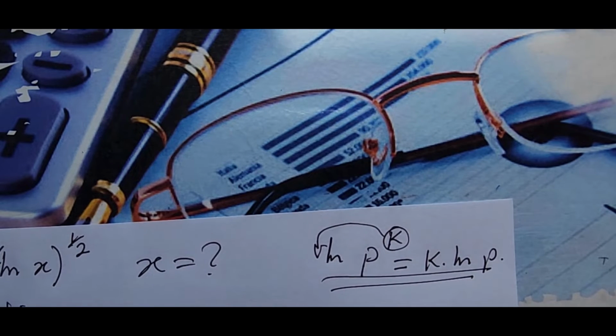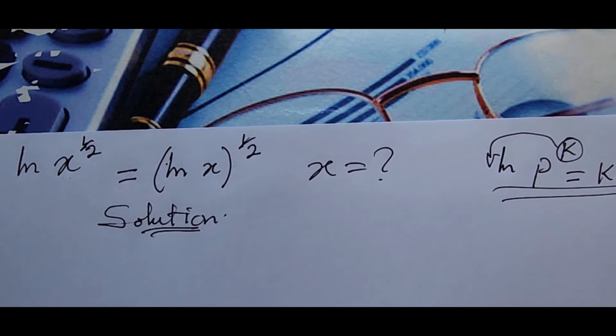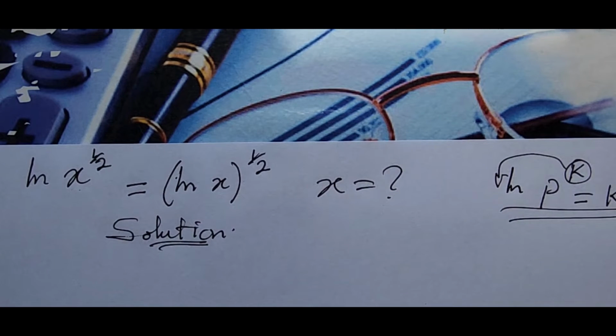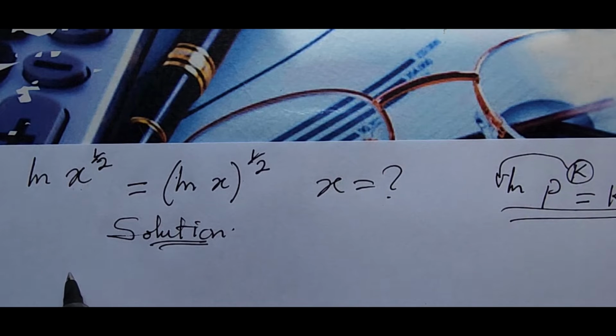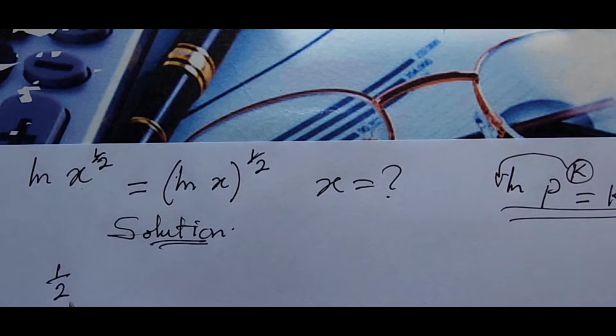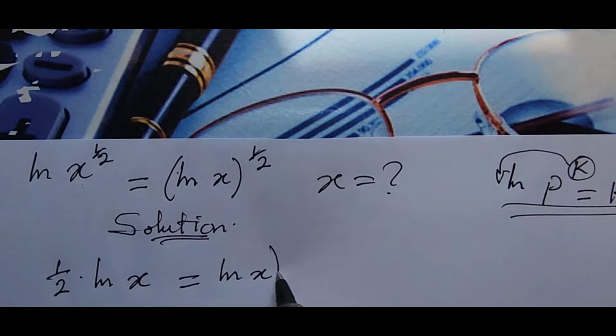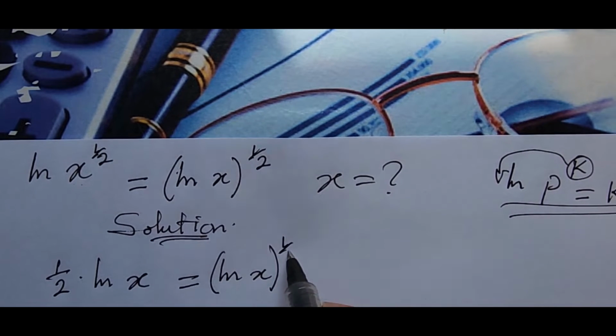So if we consider this rule, we can rewrite the left hand side of this equation, and this is going to give us 1 over 2 times the ln of x. This is equal to the ln of x all raised to the power of 1 over 2.